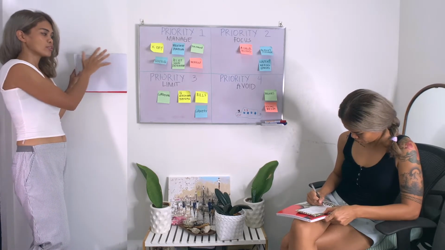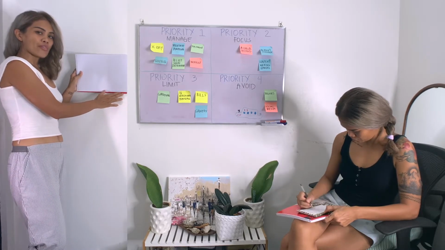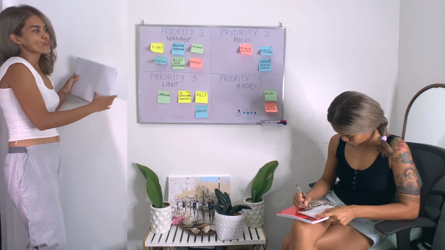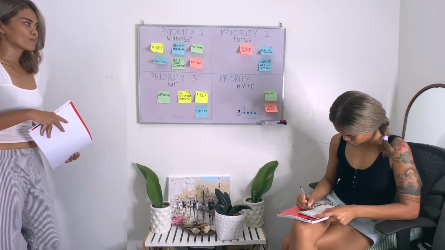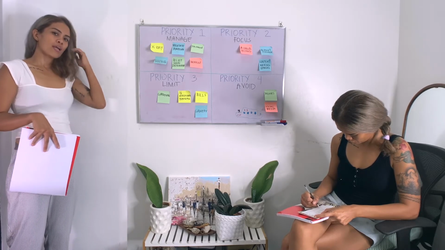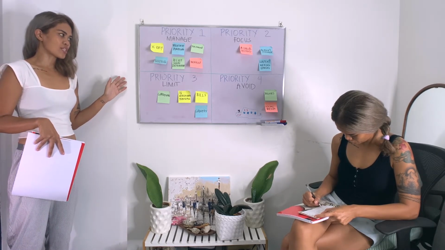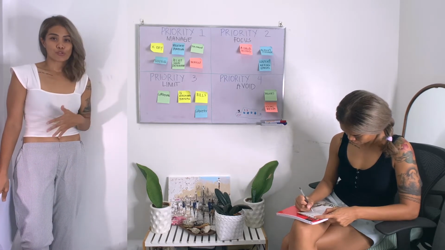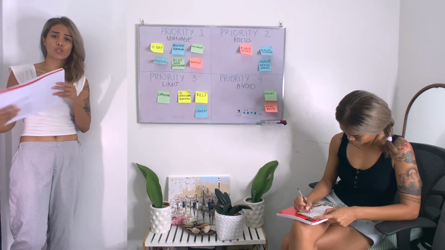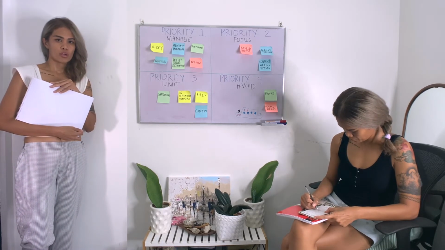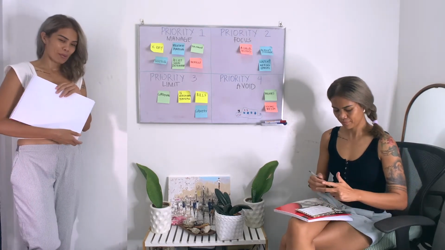So priority 1, 2, 3, and 4, and then lista nyo lang siya. So hindi na post-it, sulat-sulat na lang. For me, whiteboard is more helpful kasi very visual person ako. So itong exercise na to using whiteboard, very helpful siya sa mga visual persons na katulad ko. Yung mga ibang visual persons na walang whiteboard, you can still use your notebook or sketchpad.